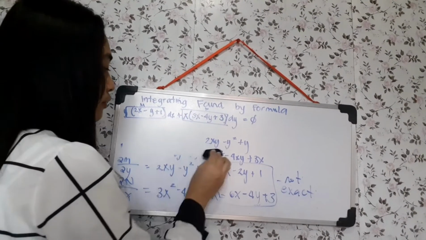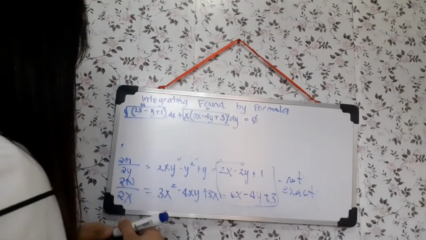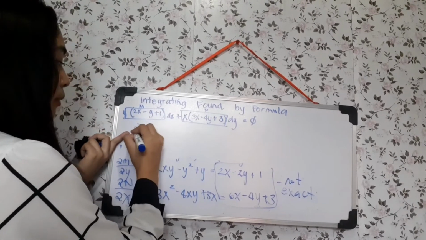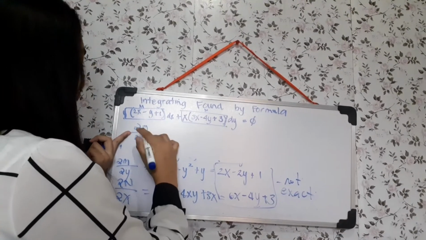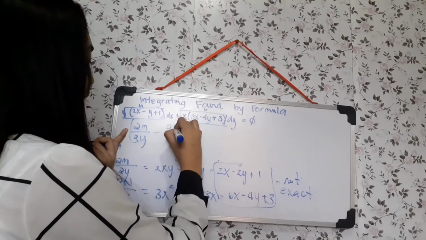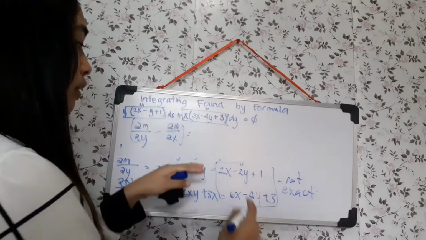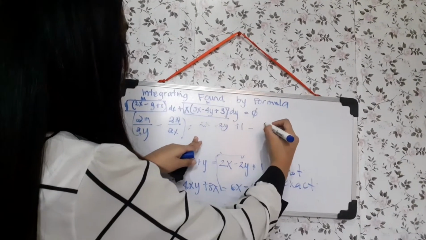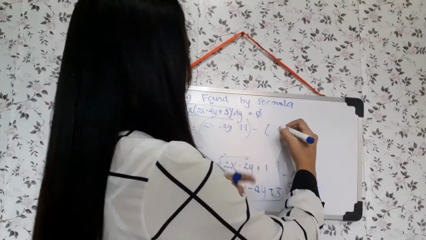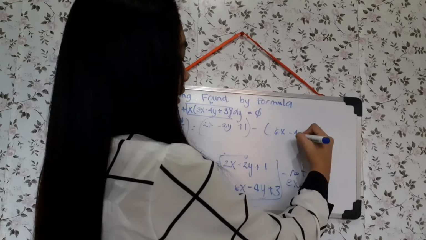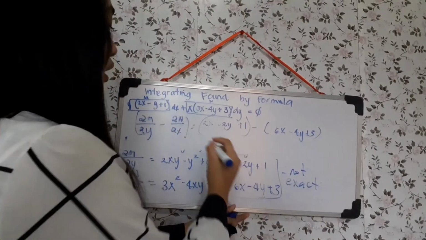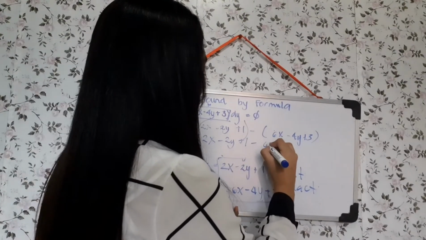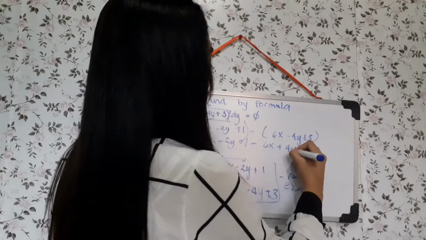So we have here the difference of partial derivative of M over partial derivative of y minus partial derivative of N over partial derivative of x, that is equal to 2x minus 2y plus 1 minus (6x minus 4y plus 3), equals 2x minus 2y plus 1 minus 6x plus 4y minus 3.